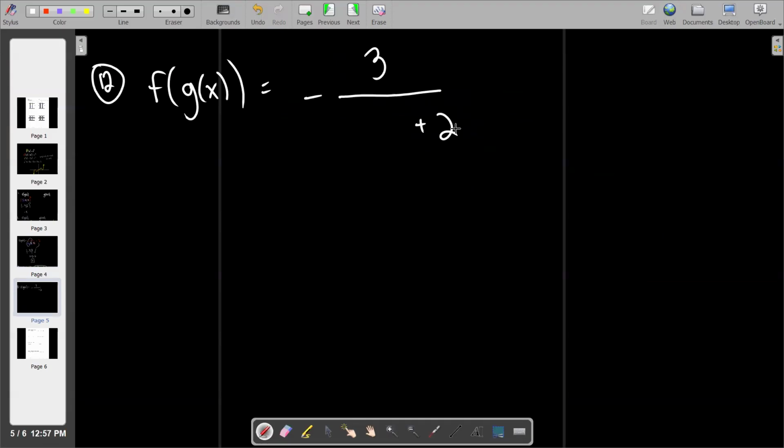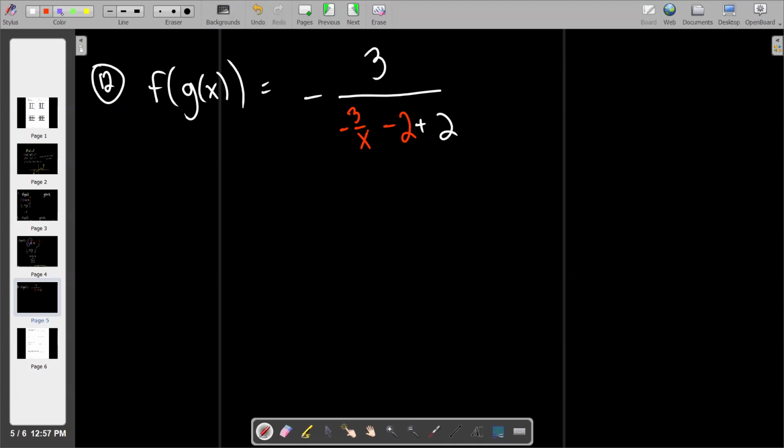And then in that blank, I'm going to put g of x, the other function, which is -3 over x minus 2.